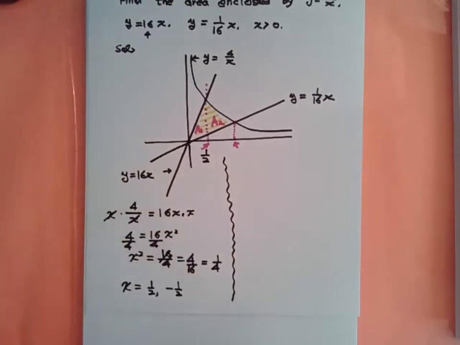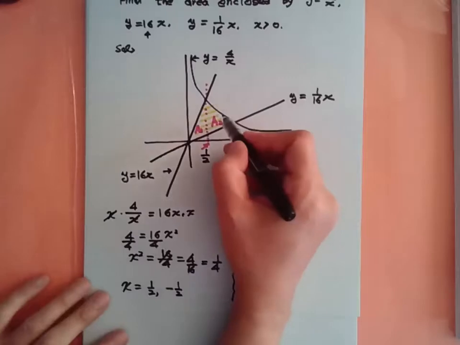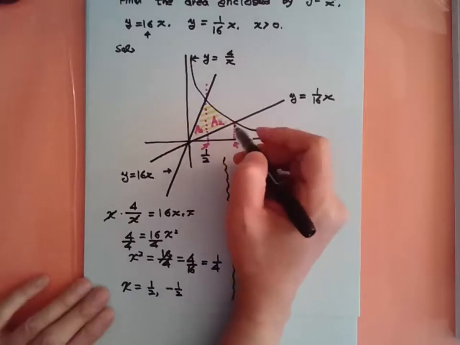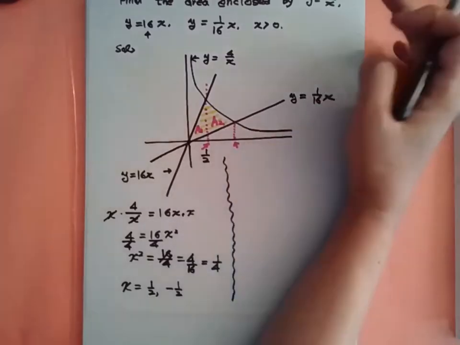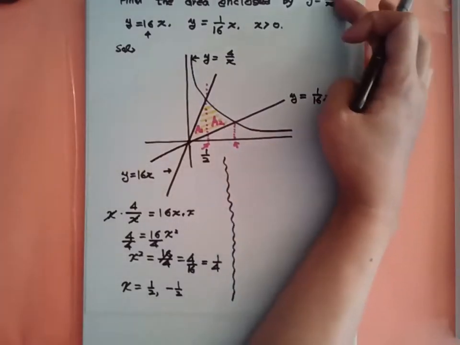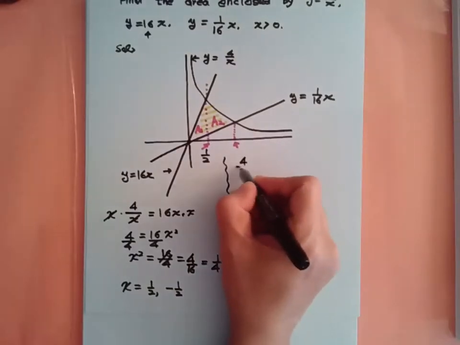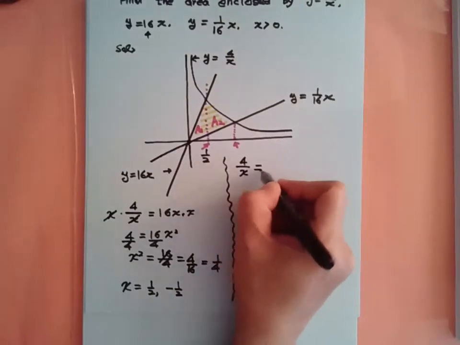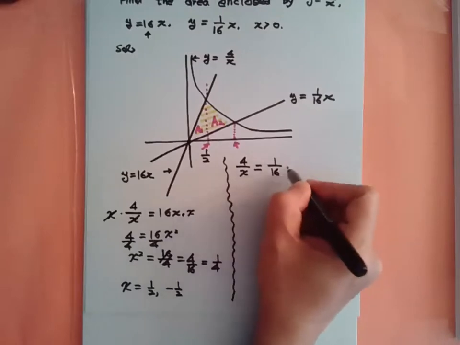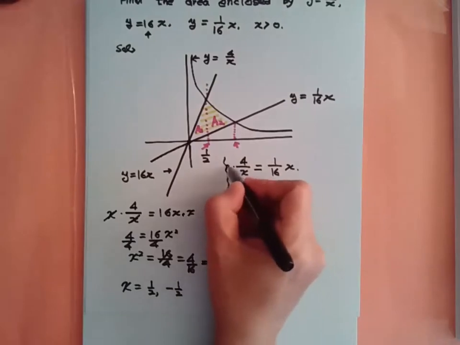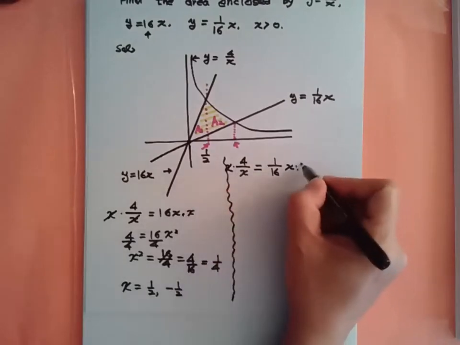And then we have to calculate the intersection between this curve and this curve. So we make these two equations equal. So 4 over x equals 1 over 16x. We multiply by x on both sides.